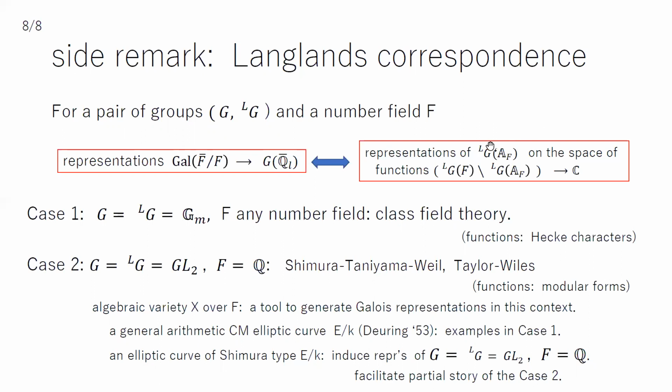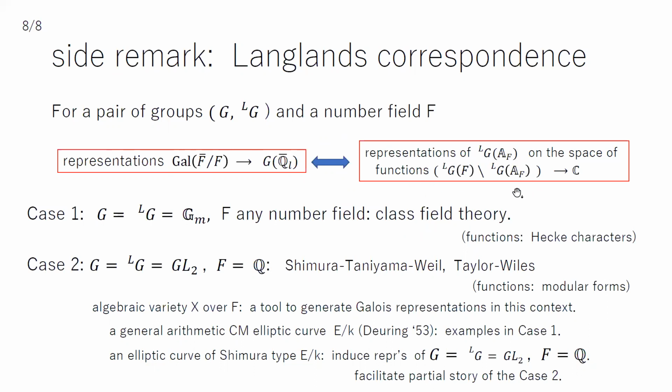It is a statement for a pair of certain kinds of groups, G and its Langlands dual, and a number field F. We may think of the representations of the Galois group of the field F with values in the group G. And also we may think of a space of functions.